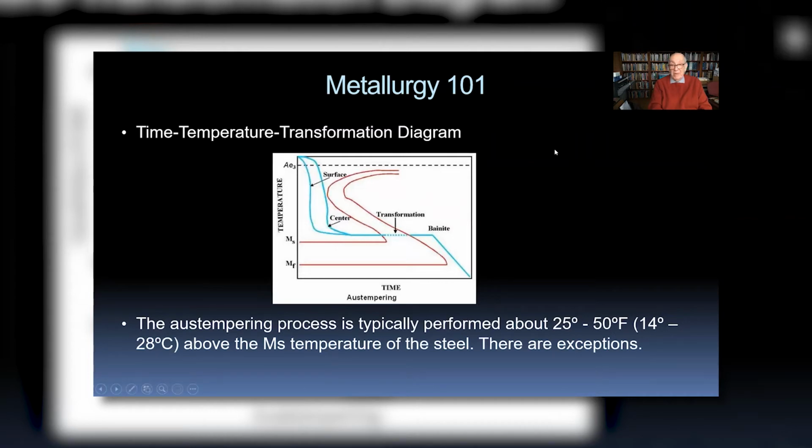This is what metallurgists call a time temperature transformation, or TTT diagram. And this is really an artist's rendition of one. There's a lot more information typically contained in one of these diagrams, but for our purposes, it isn't too important. We can use this artist's rendition to get the essence of what we're trying to do.